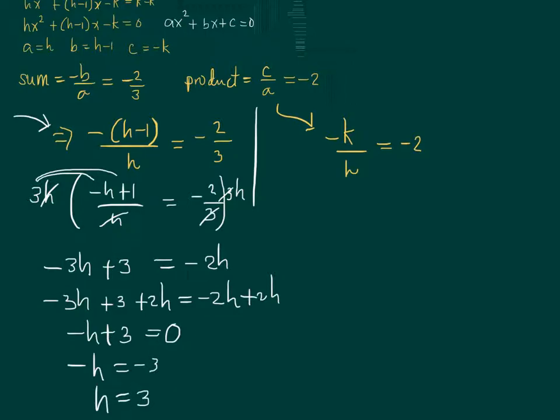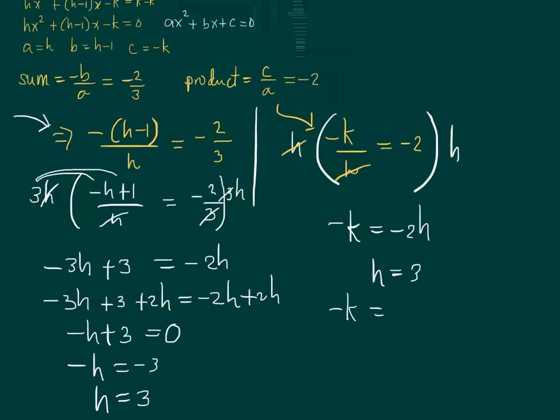And then, working on this, we have negative h is equal to negative 3, which means h must be equal to 3. Okay, so in the second equation, we have negative k over h is equal to negative 2. So we can just multiply this by h on both sides. So on the left, the h will cancel, and you have negative k is equal to negative 2h. But since the first equation was able to give the value of h, which is 3, negative k must be equal to negative 2 times 3.